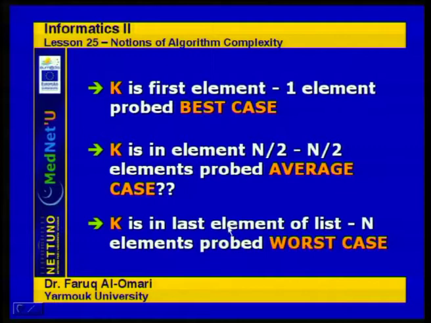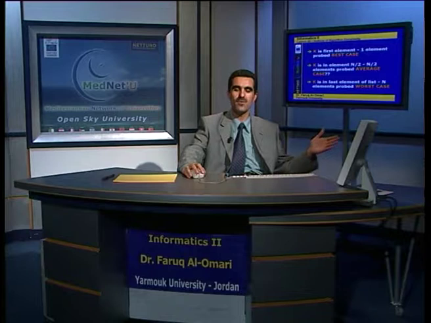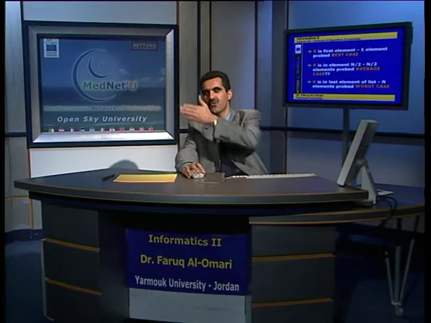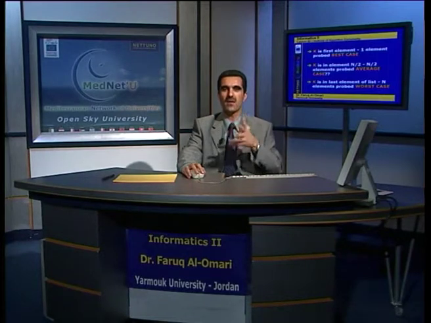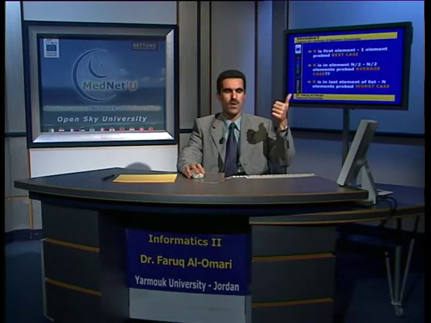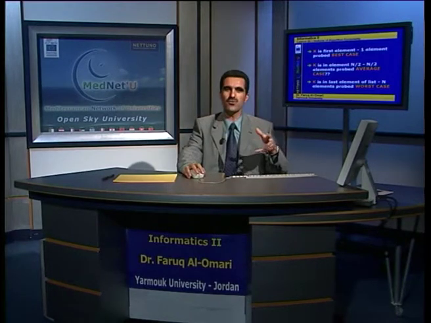Well, if k is the last element in the list, then that's the worst scenario possible. And that's the worst case, basically. And in that case, I need to perform comparisons with all entries till I get to my target. And that means I'm going to be performing n comparisons. So 1 for best, n for worst, and in this case, n over 2 as an average.